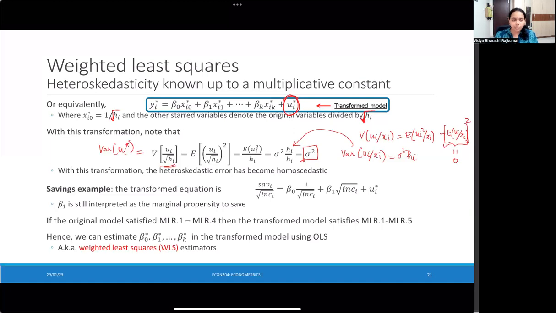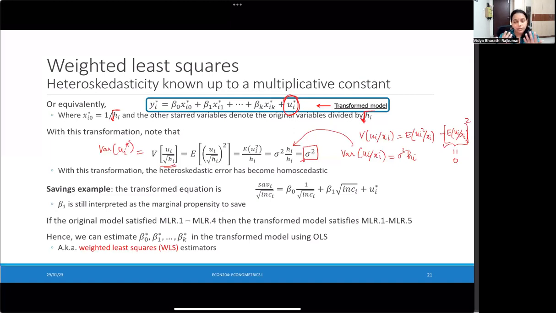So what's just happened? We've taken our original model, and once we know the form of heteroscedasticity, we have transformed our original model such that the error term in the transformed model now has constant error variance. Once you've transformed the model, the heteroscedastic error has vanished and you're left with a homoscedastic setup.